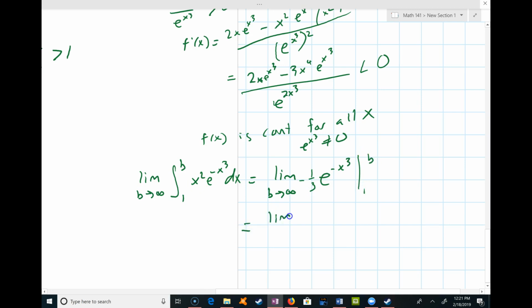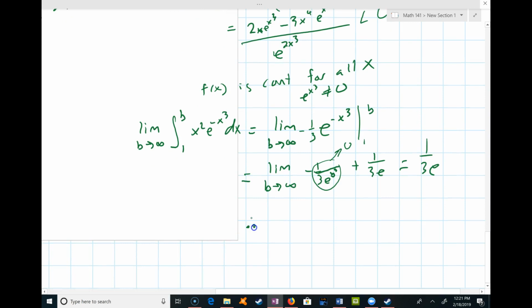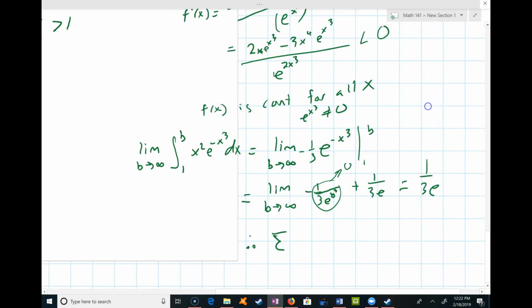Of course, that's equal to the limit as b approaches infinity of negative 1/3 times e to the b cubed, minus the negative, which would be plus 1/3 times e to the first, which is just e. So as b approaches infinity, this goes to 0, and we get 1/3 times e. And therefore, my original series converges because the integral converged.